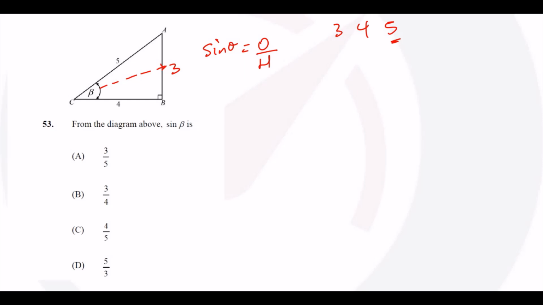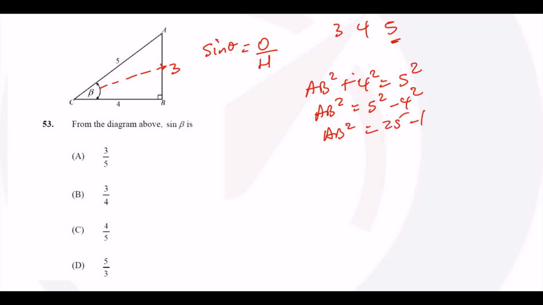Or you could go ahead and use Pythagoras theorem to calculate the length of the side. Let's work it out. We have AB squared plus 4 squared is equal to 5 squared. So AB squared is equal to 5 squared minus 4 squared.